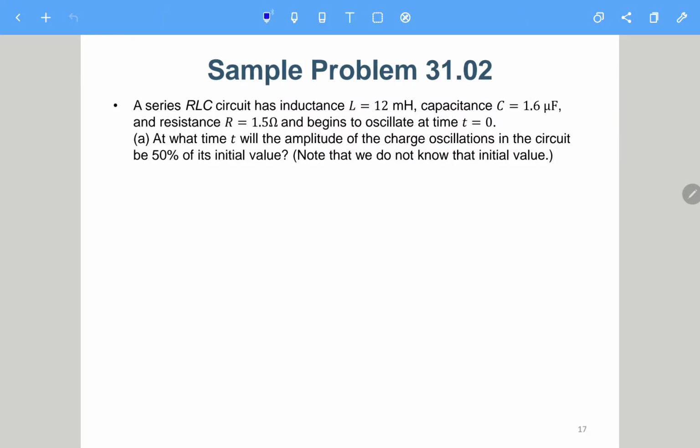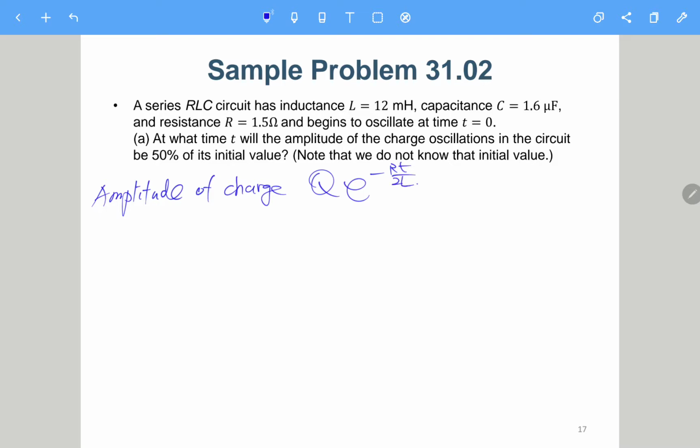Okay, so here the amplitude of charge is Q times exponential to negative RT over 2L.